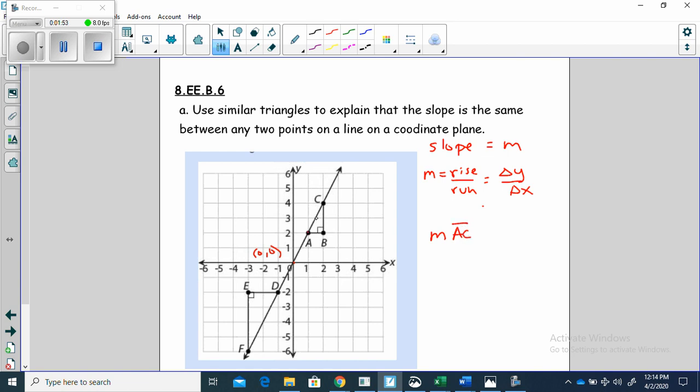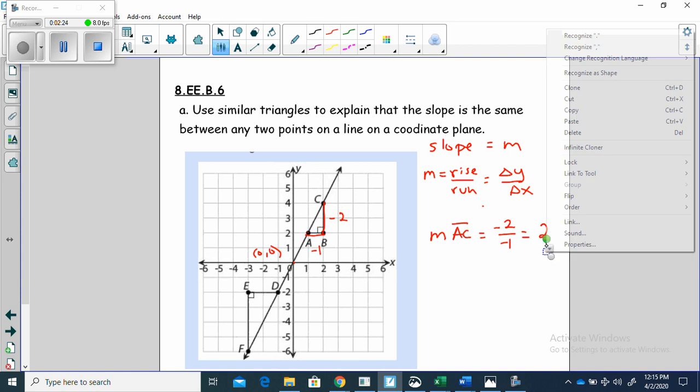If I'm going from A to C, well, they started going from C to A. In this case, on this triangle, they went down 2, and in the negative direction, from 2 to 1, they went back 1. My slope, my rise over my run, would be -2 divided by -1. If I divide -2 by -1, I'm going to get a positive. A negative divided by a negative gives me a positive.